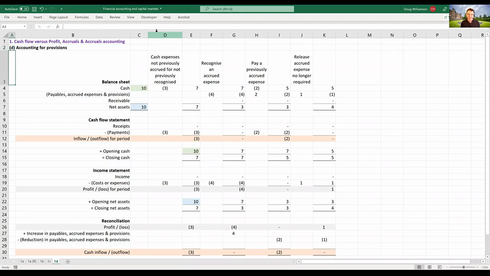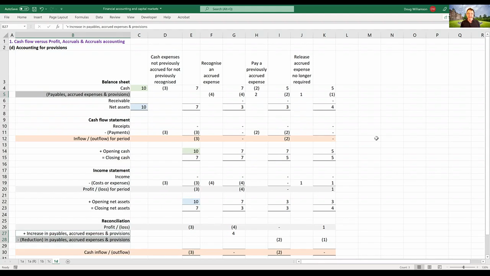So accounting for provisions, and what changes did we make? We changed that and that and that to make this slightly more general purpose, because everything that applied in cash flow versus profit or loss terms that applied to payables and accrued expenses, short-term accrued expenses, also applies to provisions.